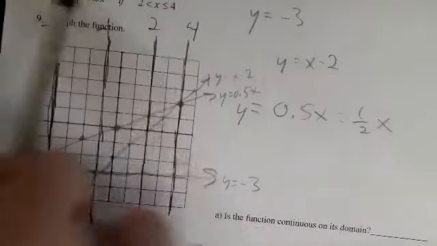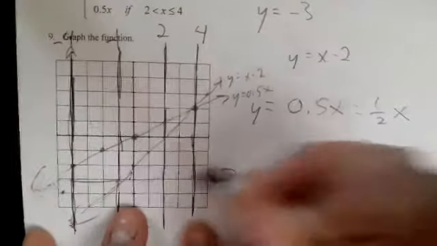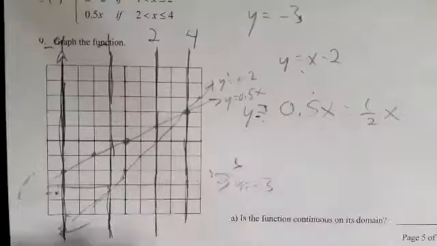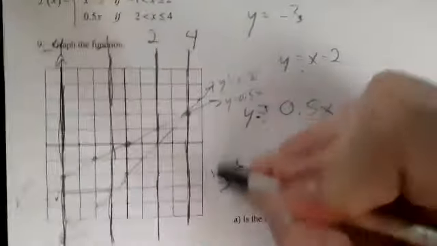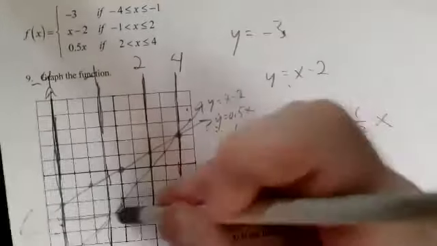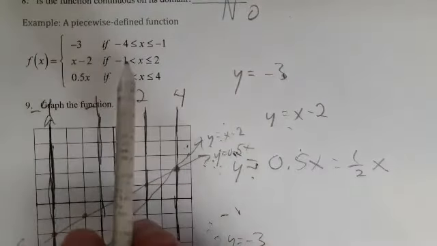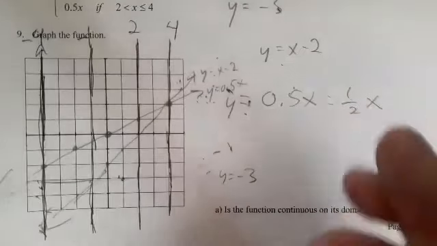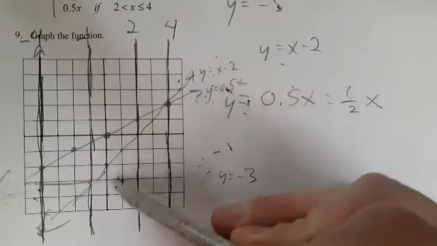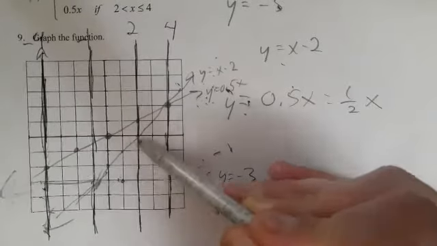So I look at my y equals minus 3. I only want this thing from minus 4 to minus 1, so I only want that part of it. Now I look at my x minus 2. I want that from minus 1 to 2. This one is my x minus 2 graph. I want this thing, but only from here to here.